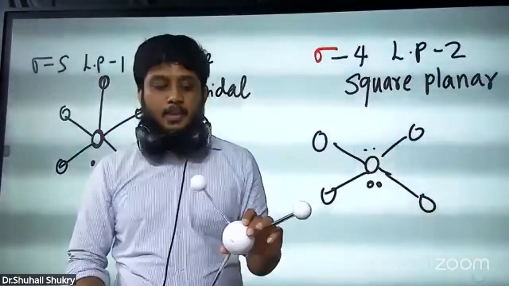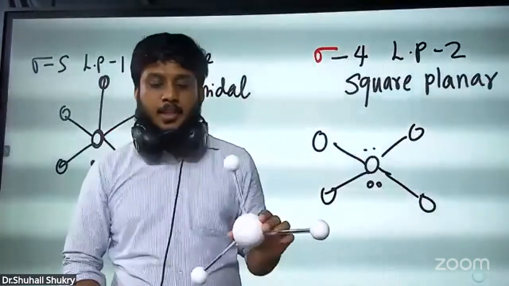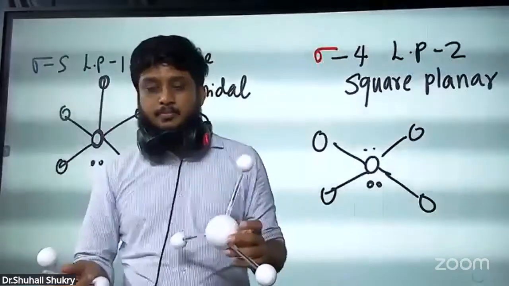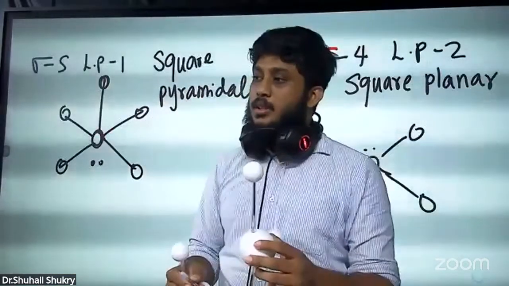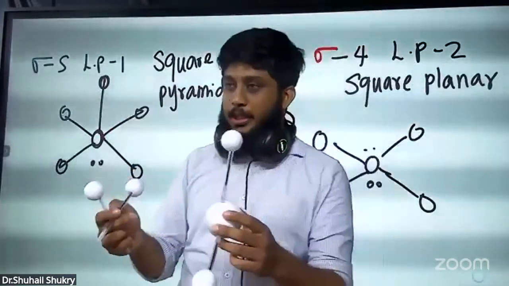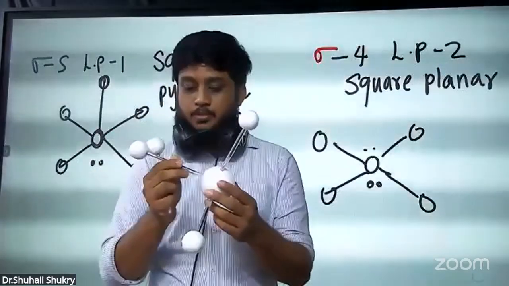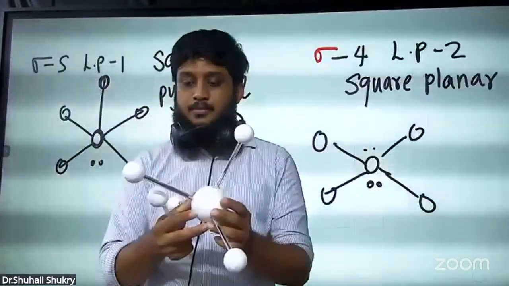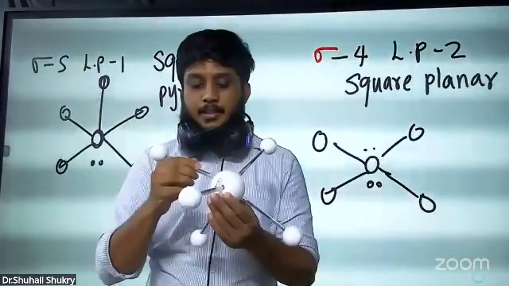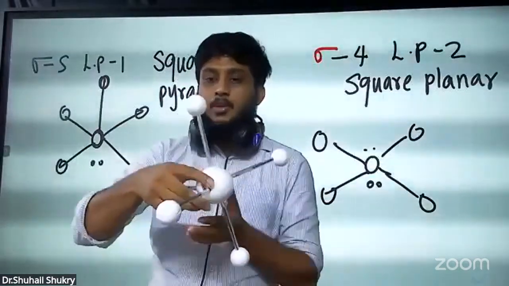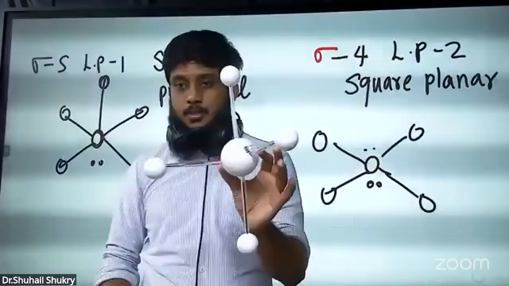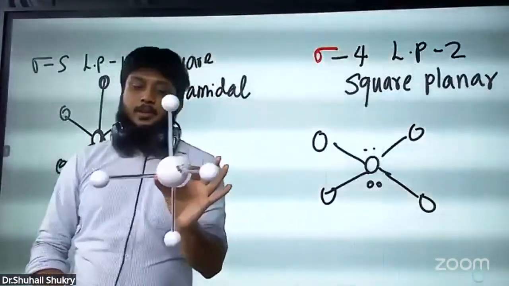Then when I fix 4, but before fixing 4, I'll come for the 5. 4 I will show later. 5 I will show you now. This is 5. If I fix like this, how much? 5 sigma bonds are there. 1, 2, 3, 4, 5. Right? Okay.